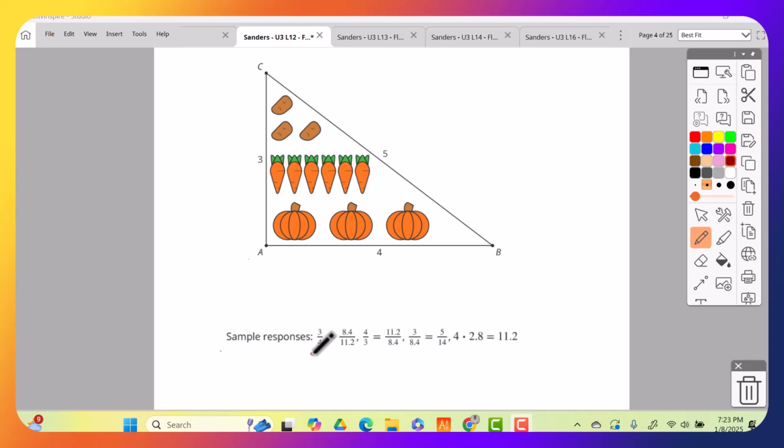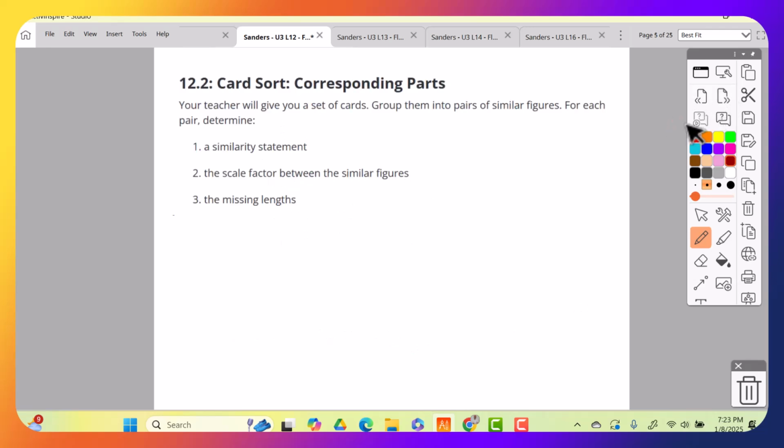So we've got 3 is to 4, 4 is to 3, and then multiplying the pieces out, there's our 8.4 that we got before. The other unit is 14, so 5 is to 14, things like that. Okay, these are just figuring out proportions. And that's what we're going to do here.